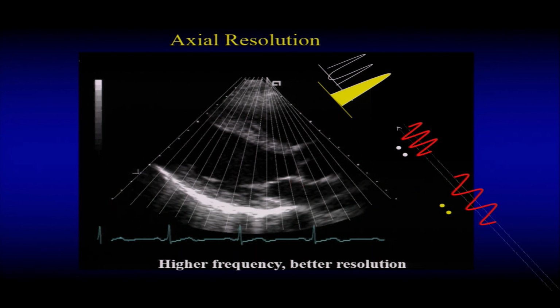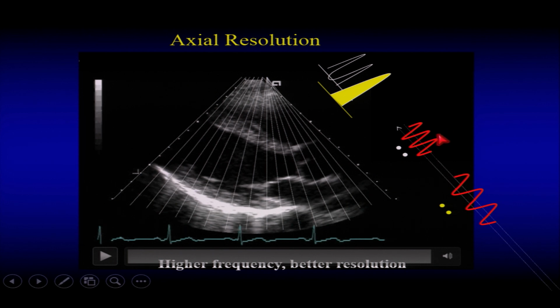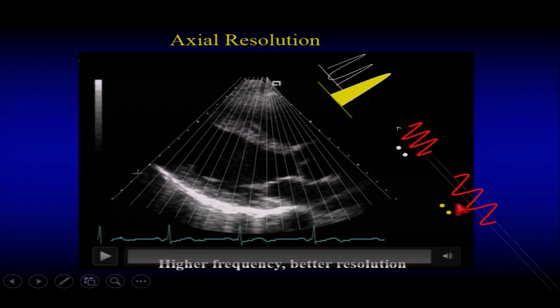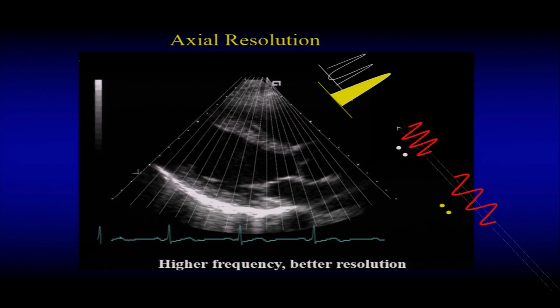Okay? So go back to the principles of ultrasound. If I have a shorter wavelength, a higher frequency compared to a lower frequency, you could tell that with the longer wavelength these two dots are not going to be separated. So you'll have just one dot, what looks like a large, coarse reflected sound.